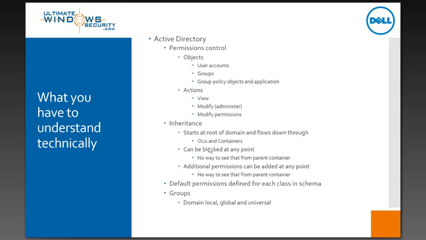Now, inheritance can be blocked at any point. So you can go to any organizational unit or even a leaf object like a user account, and you can block inherited permissions from flowing down to that object. Now, the bad news is you're kind of blind to that from the parent level.